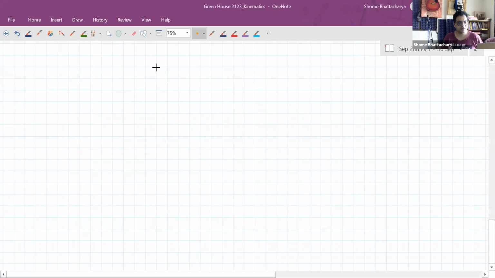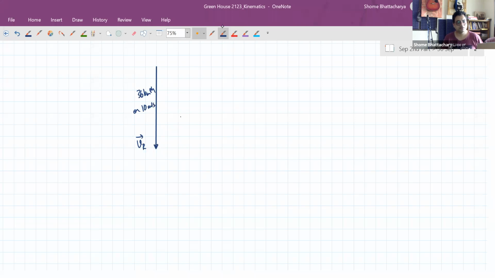Basically, it's vector algebra. You can see that the velocity of the falling rain is vertically downwards, and it is 36 kilometers per hour, or that is the same thing as 10 meters per second. Whereas the velocity of the moving person, represent that as a vector, it's horizontal like this.